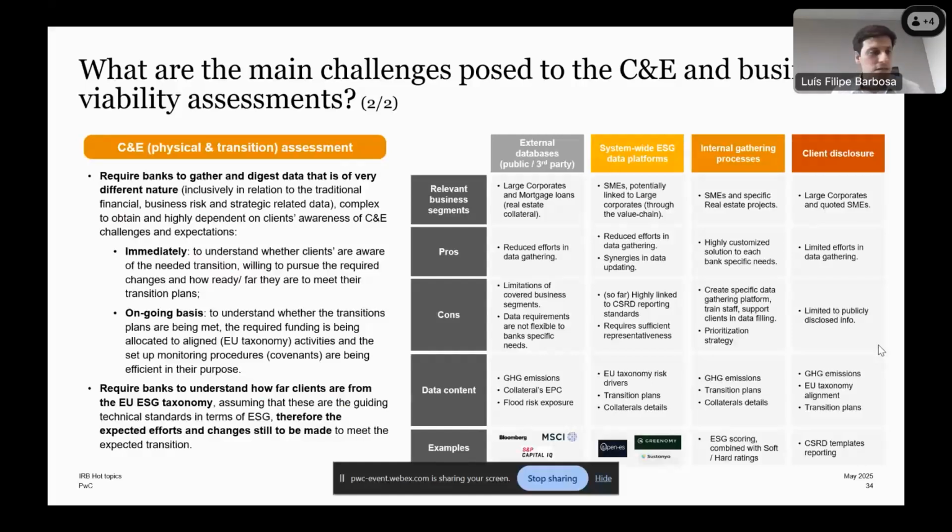What we have in this slide, and I will try to close my session very quickly, is that depending on the different sources, we have pros and cons. In many cases, for top large corporates, much of this relevant information is already available, so it's easier to take into consideration. As soon as we go down, in particular for SMEs, it becomes much more difficult.